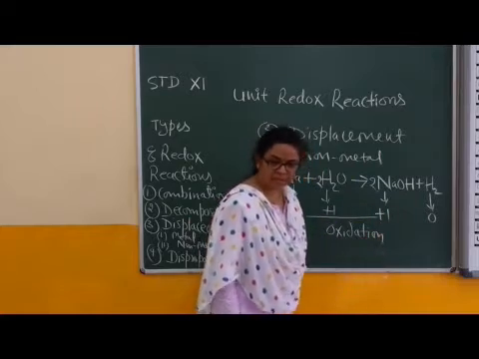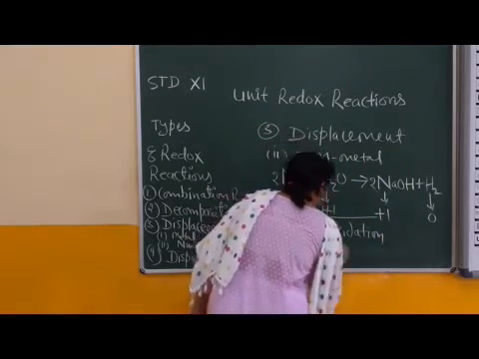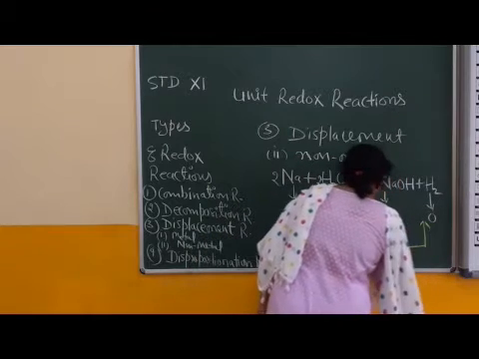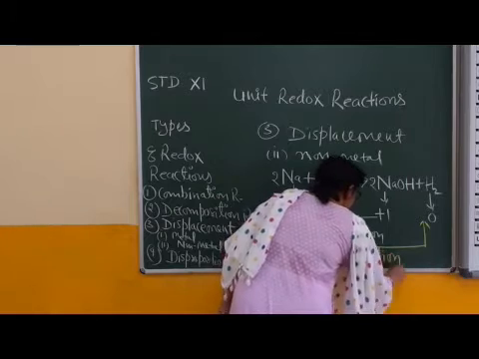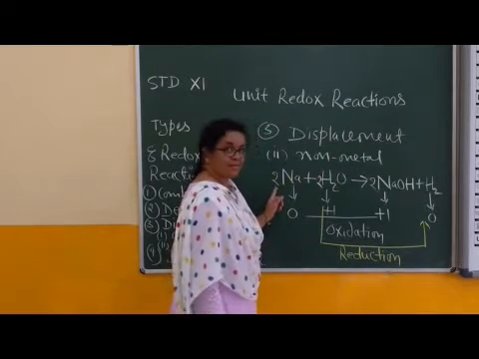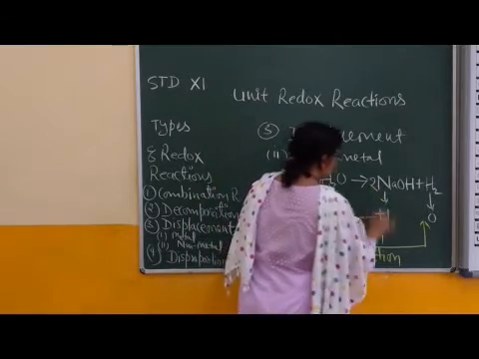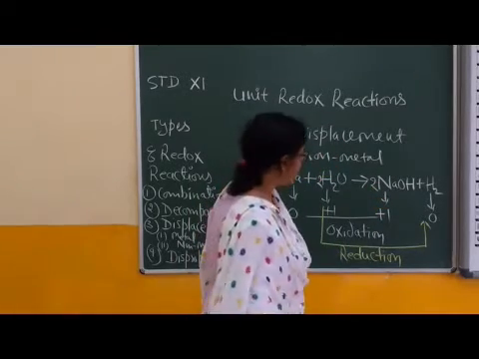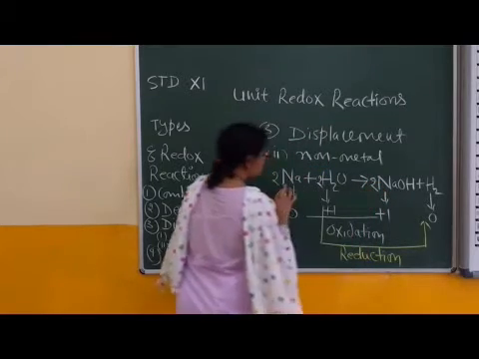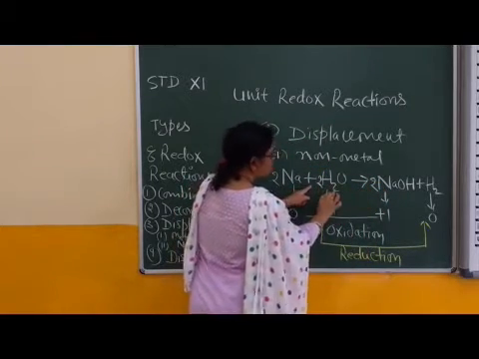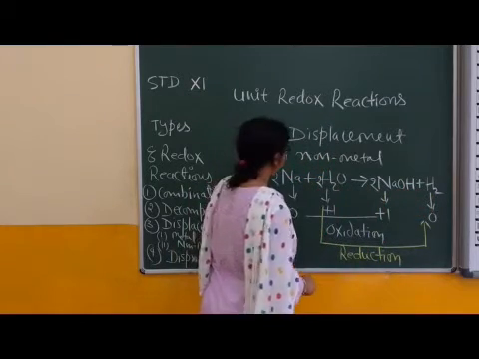Decrease in oxidation number is always reduction. Okay children, sodium is oxidized into sodium hydroxide and water is reduced to hydrogen gas. 2 plus 2 to 4, 2 oxygen and 2 oxygen. Okay, this is the balanced equation.